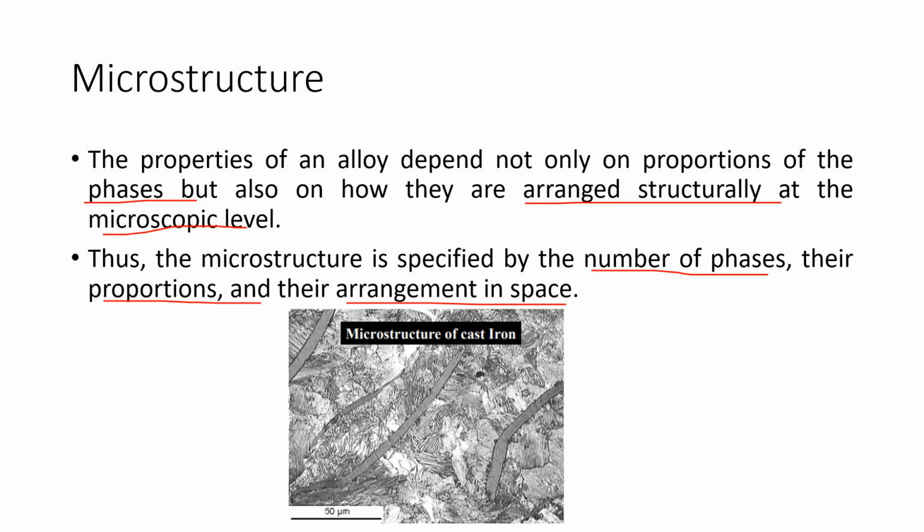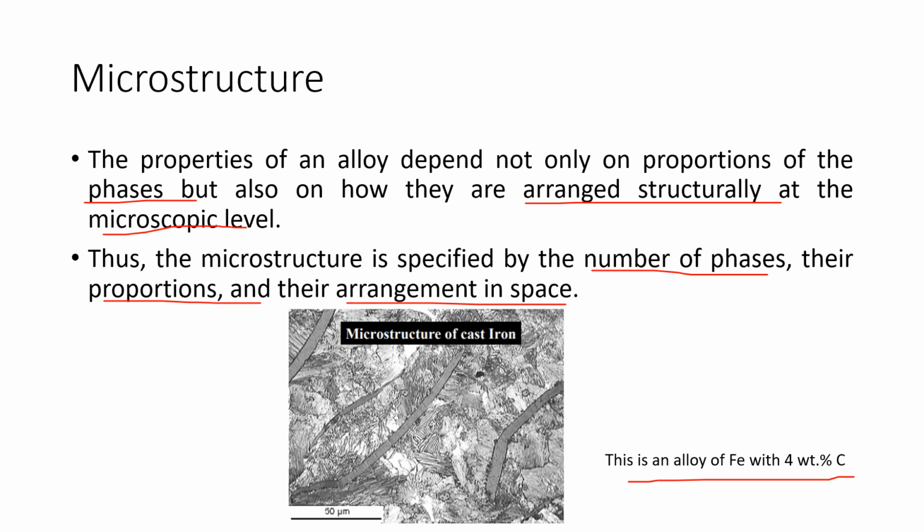For example, this is the microstructure of cast iron. This is an alloy of iron with 4% weight of carbon.